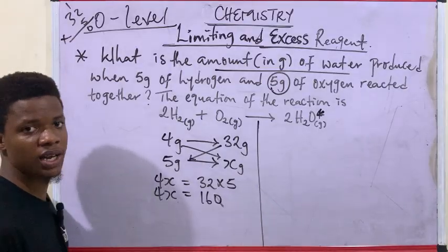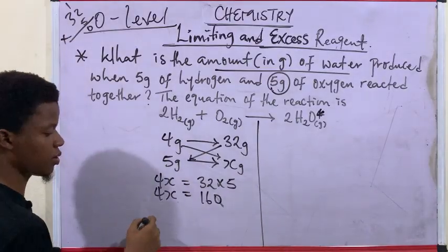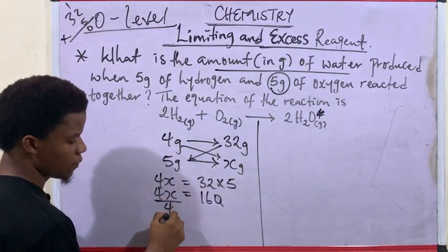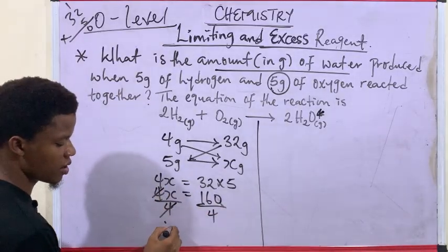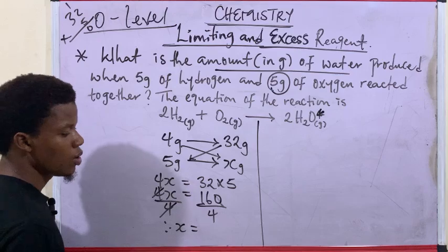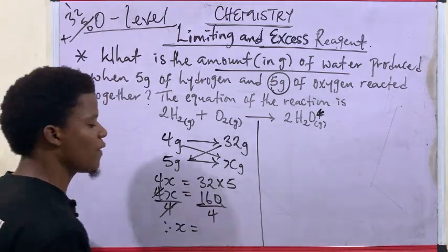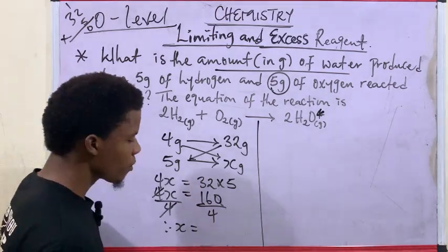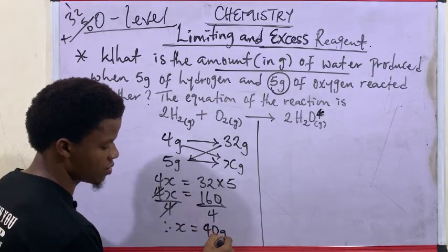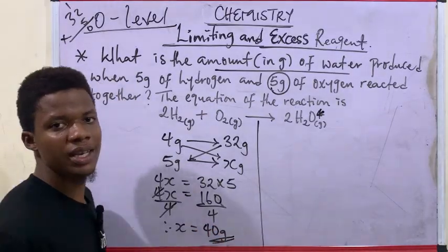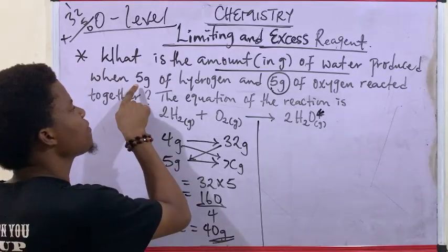So 4 cancels out 4. Therefore, x is equal to 160 divided by 4. We're going to get 40 gram.